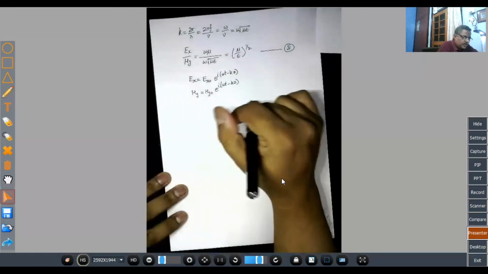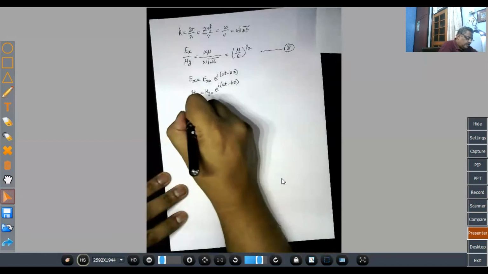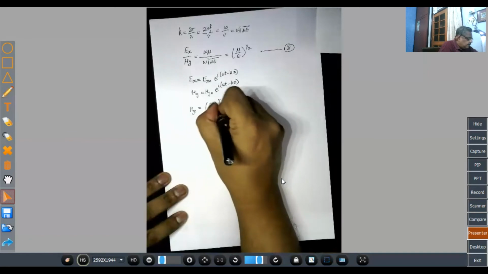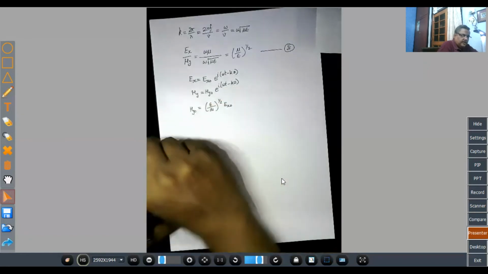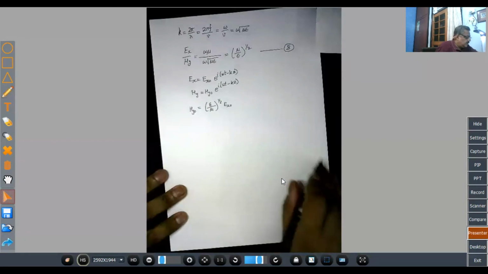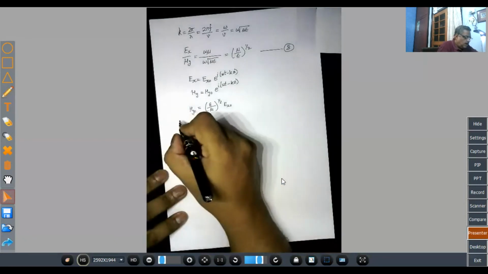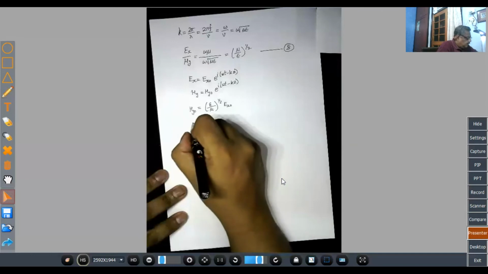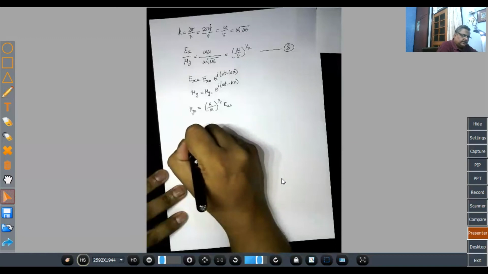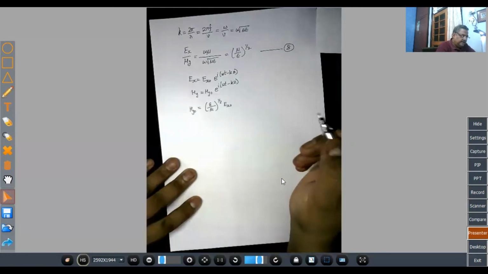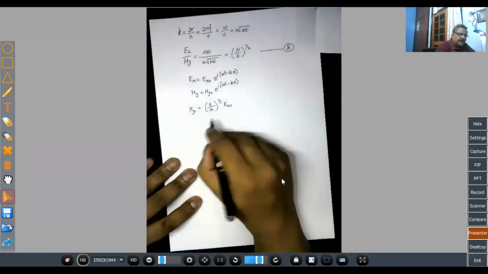From this previous equation, solving them simultaneously, we get this one. So these are the amplitudes.